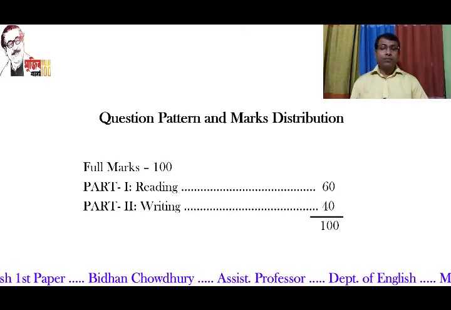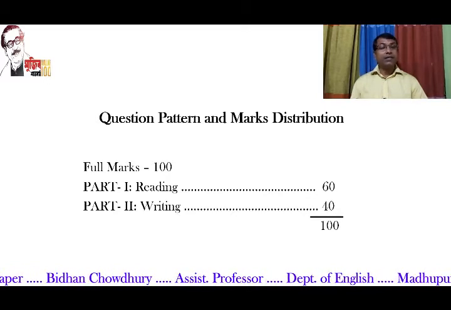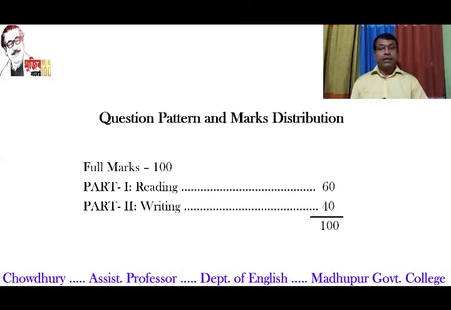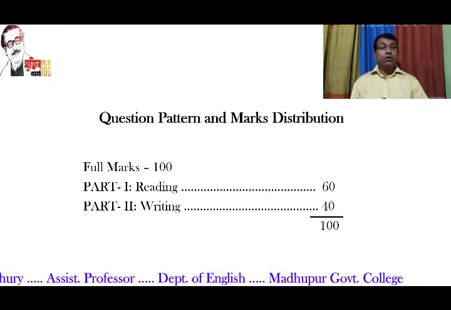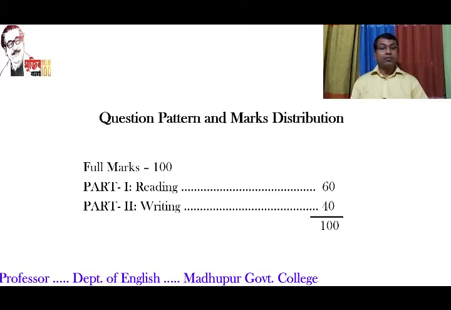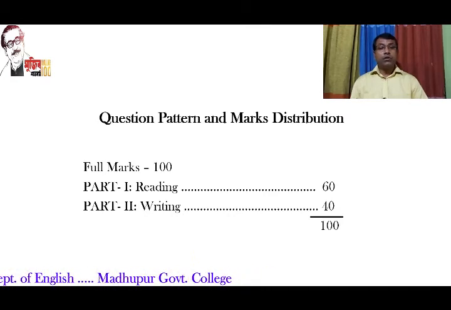In part 1, you will have reading test containing 60 marks, and in part 2, you will have some writing items which will carry 40 marks. So in total, we have 100 marks in English first paper.